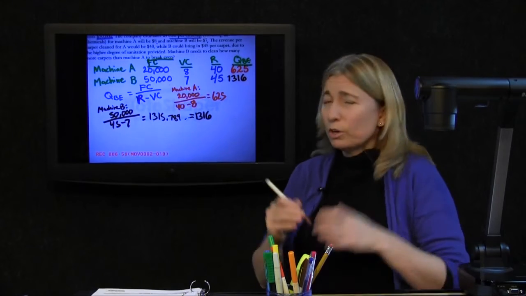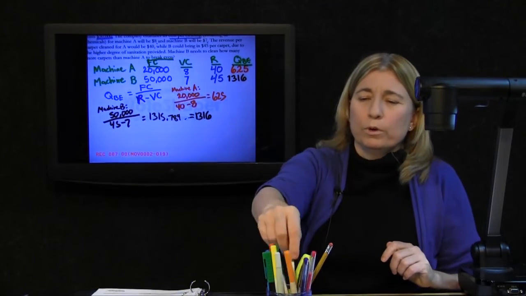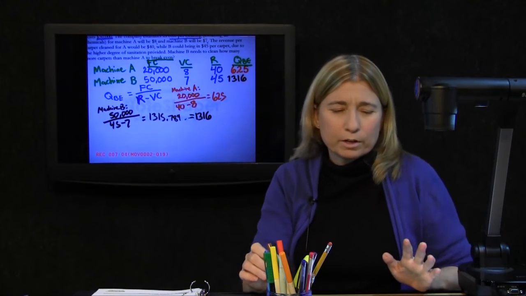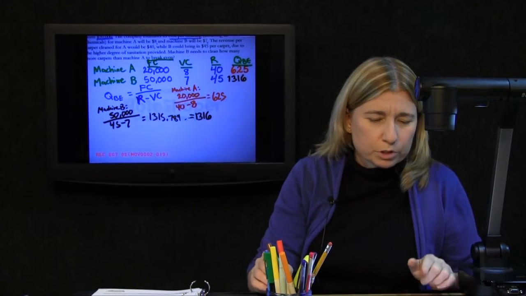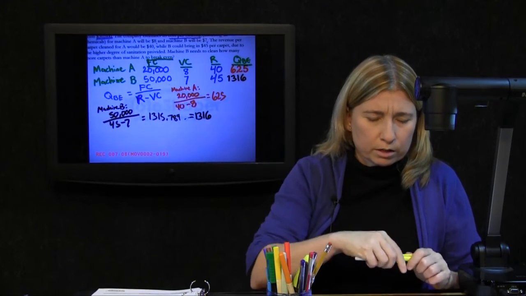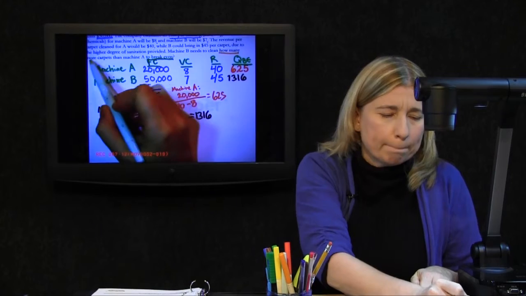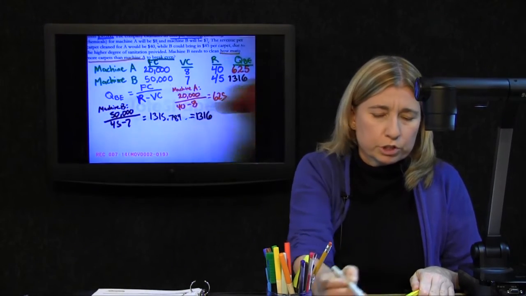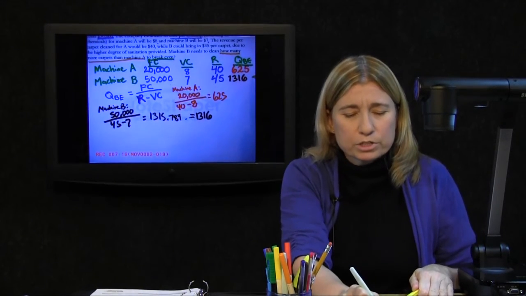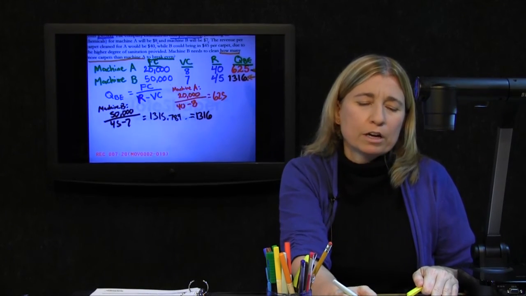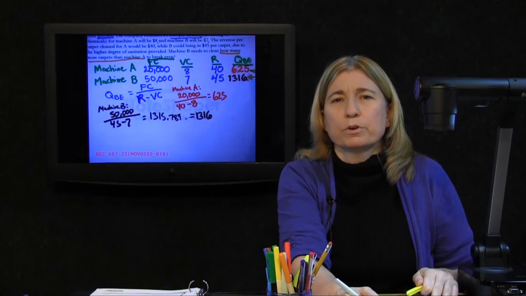Now, okay, so we've done a bunch of calculations, but wait, what actually was the question? The question was machine B, this one, needs to clean how many more carpets than machine A? Oh, which is to say, this 1,316 is how much more than the 625.